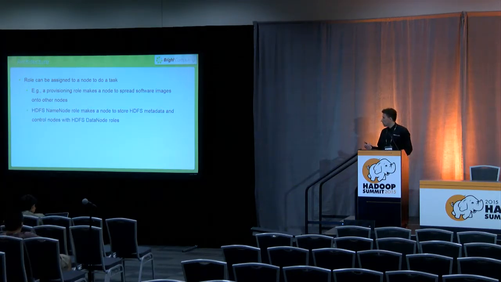Or if it is a Hadoop-specific role, such as the name node role, then this makes a node with the HDFS name node role store HDFS metadata and also control the nodes with the data node role.